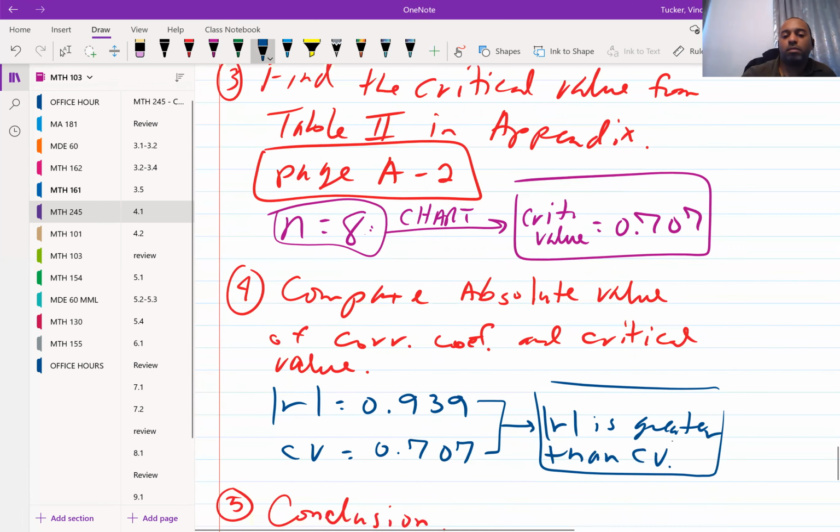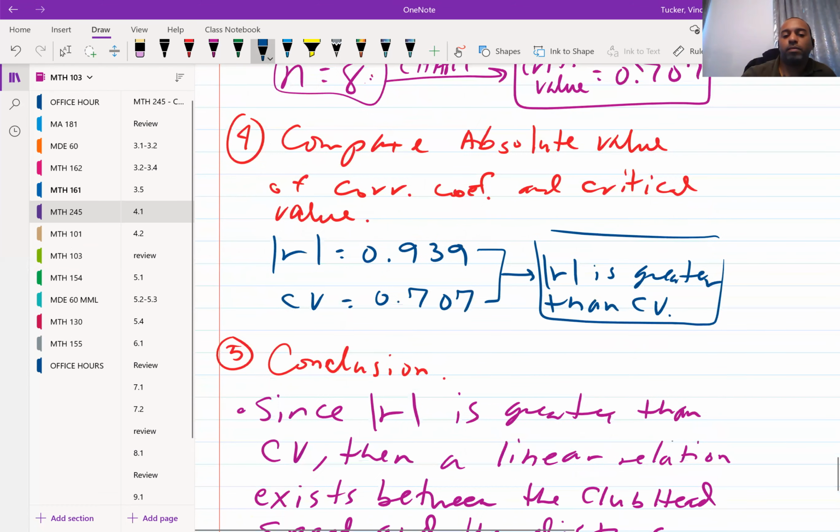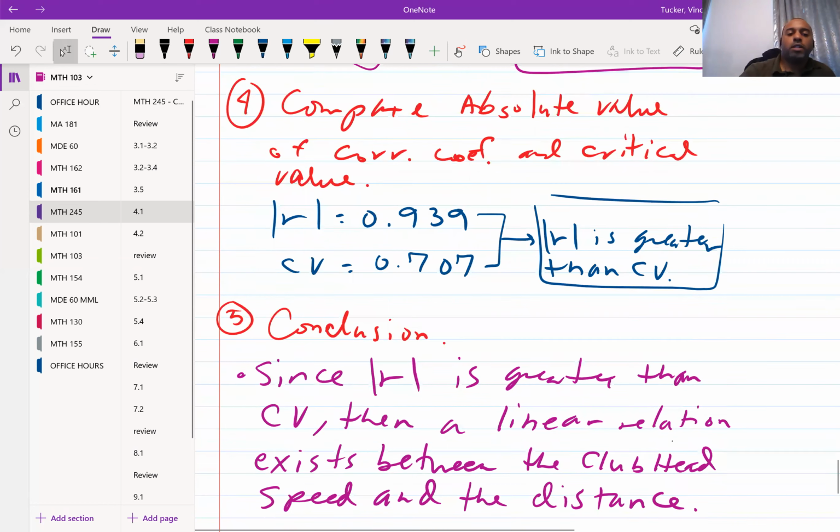So since the absolute value of r is greater than the critical value, a linear relation exists between the club head speed and the distance.